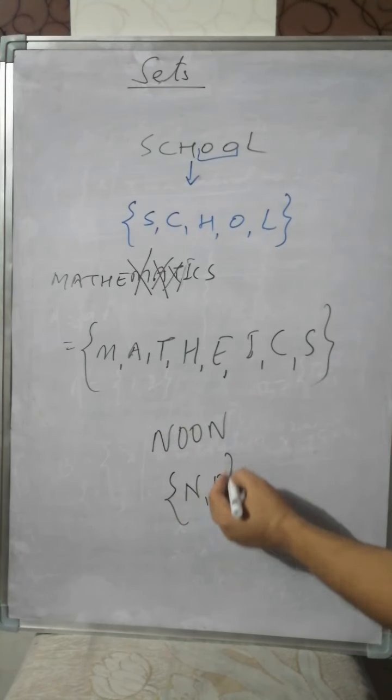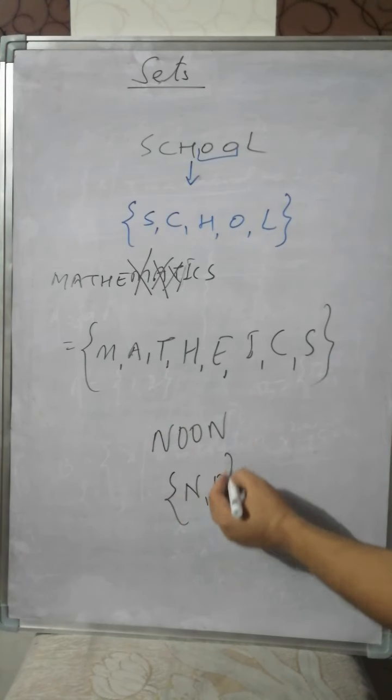You keep on repeating like this. NO, first you write NO only, then you write ON, right? One thing more, that order of alphabets in sets is of no significance. This is very important to understand, whether I write it NO or ON.